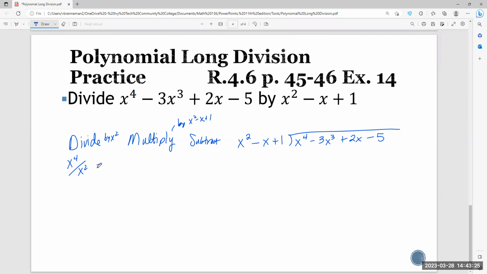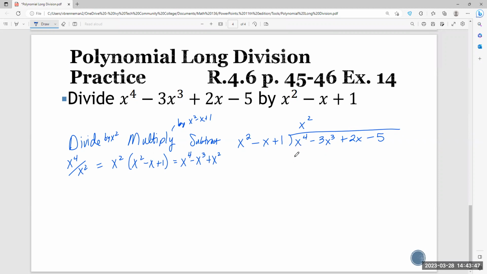So that result, x to the fourth divided by x squared, is x squared. So I write that in the quotient area. That gets multiplied by x squared minus x plus 1, and so that result is x to the fourth minus x cubed plus x squared. But I need to subtract that, so I'm going to switch signs on everything.